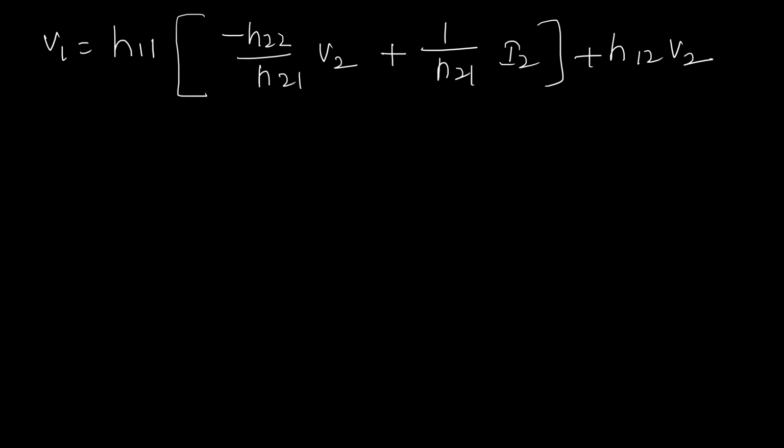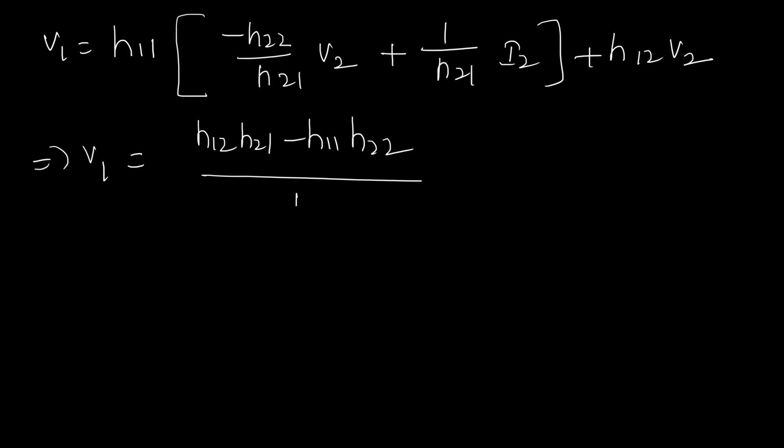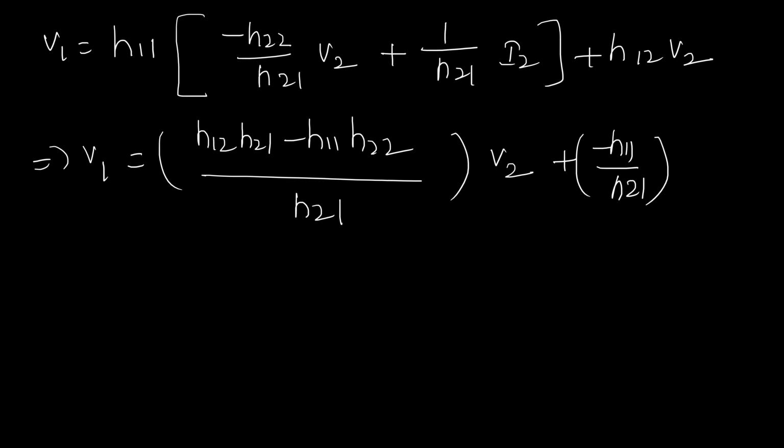So now you take V2 terms separate, I2 terms separate, and by solving we may get V1 as H12 H21 minus H11 H22 by H21 into V2 plus H11 by H21 into minus I2.